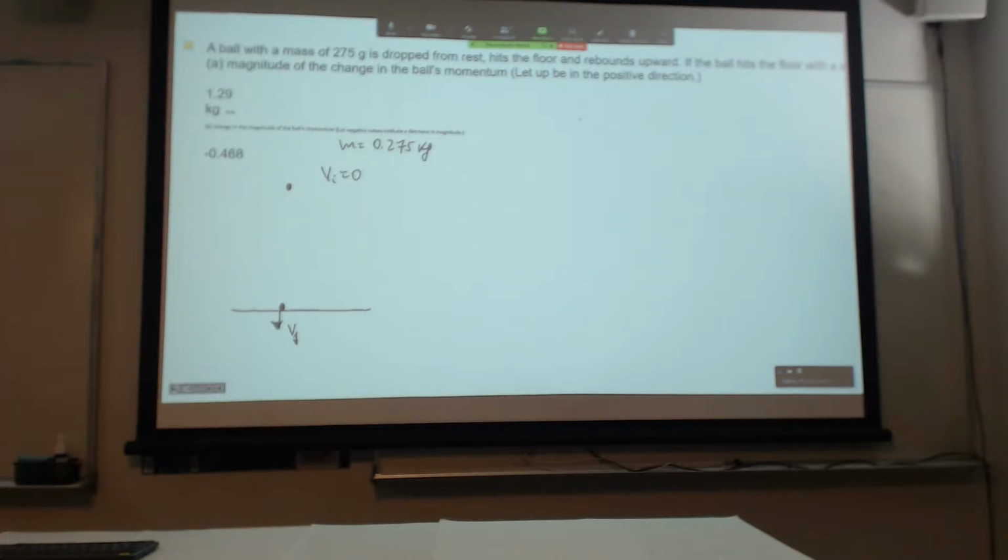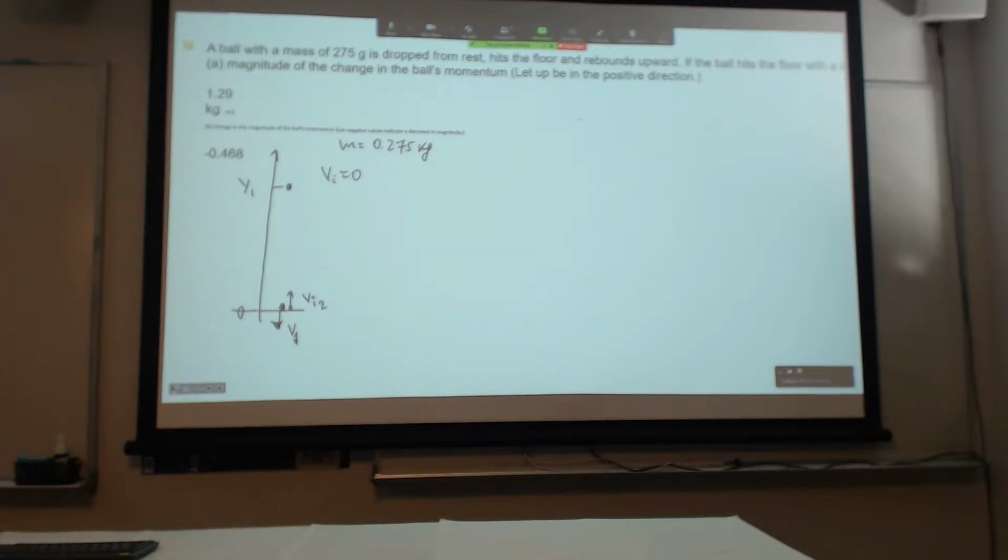So this is y1, that's 0, and I can use the same axis, but after it bounces, this is v initial 2.